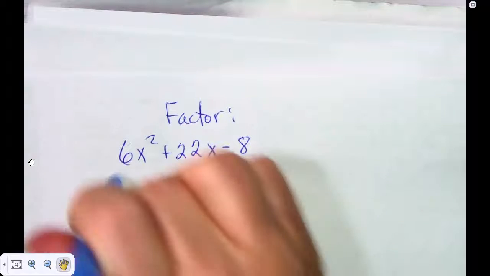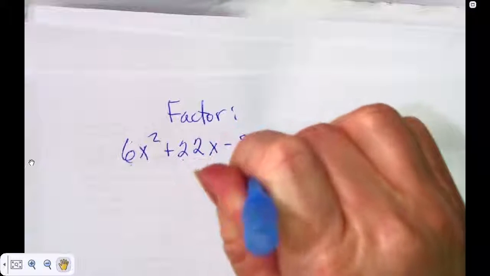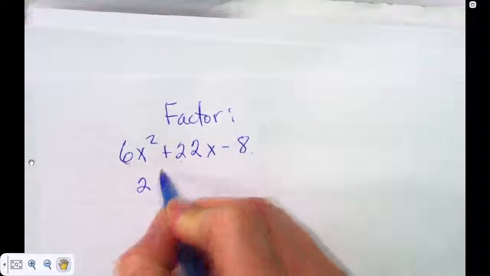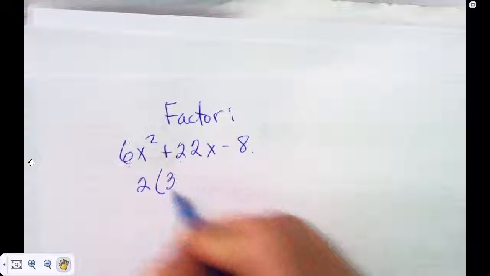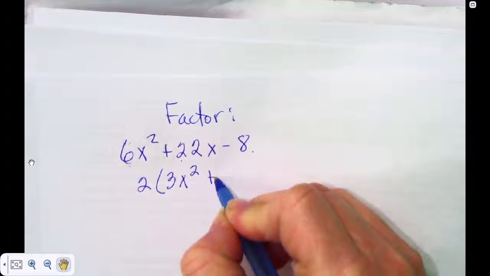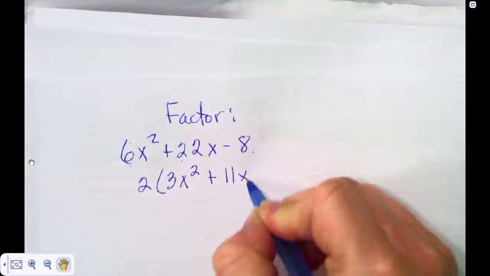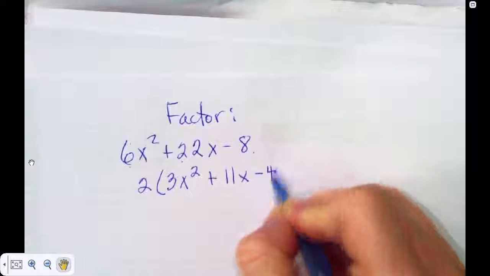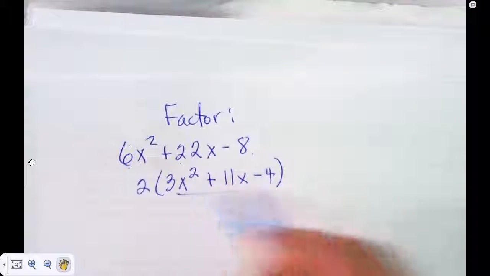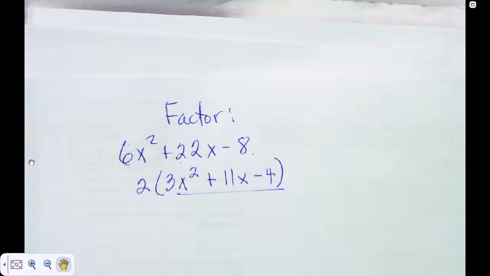Look and see if there's something that I can factor out of there, right? Is there? So what? 3x squared plus 11x minus 4. Now, you still have a trinomial there, but it's going to be easier to factor into a binomial.